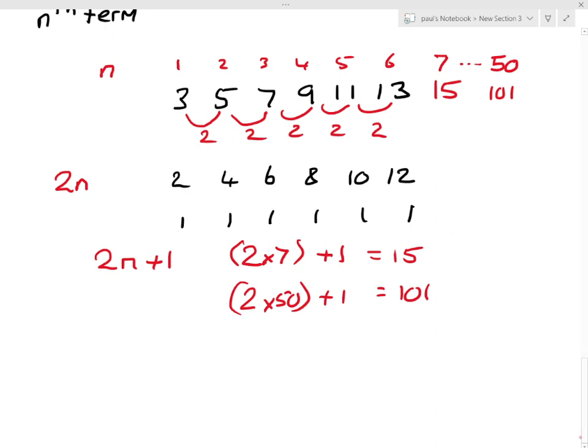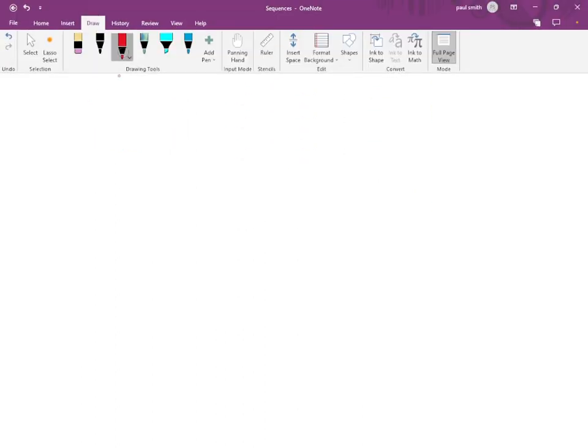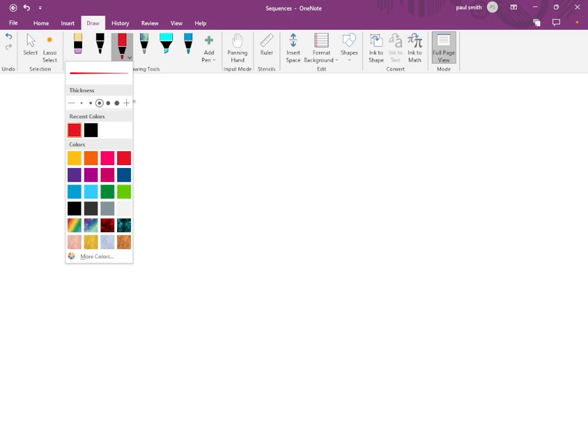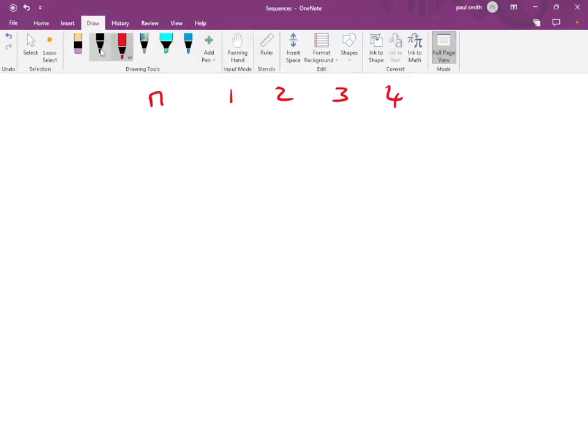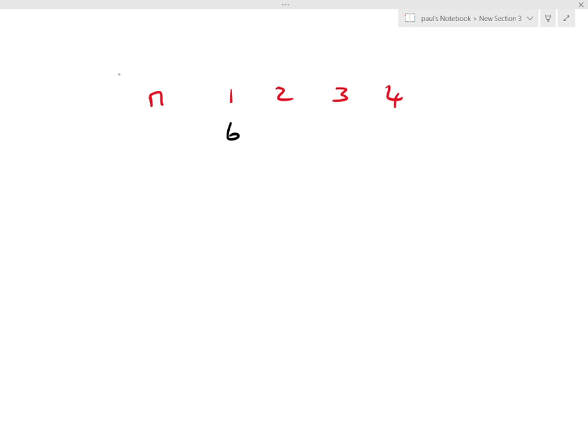So let's have another go at a different sequence, because we can get some negatives and some positives. The n numbers are 1, 2, 3, 4. We only need to do 4. And we'll do the numbers in the sequence.